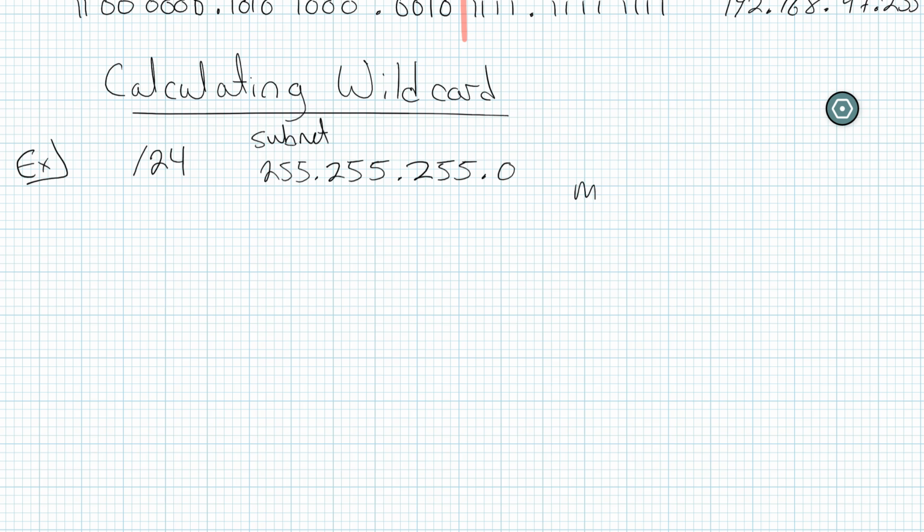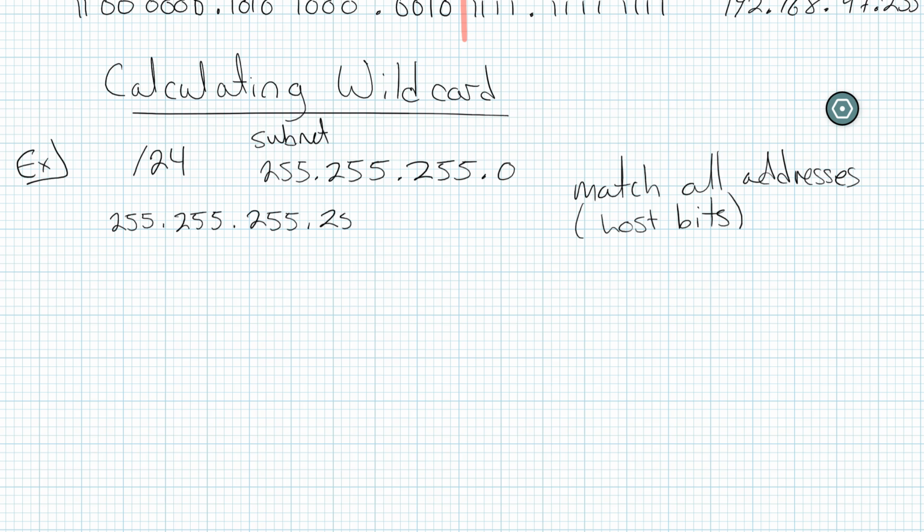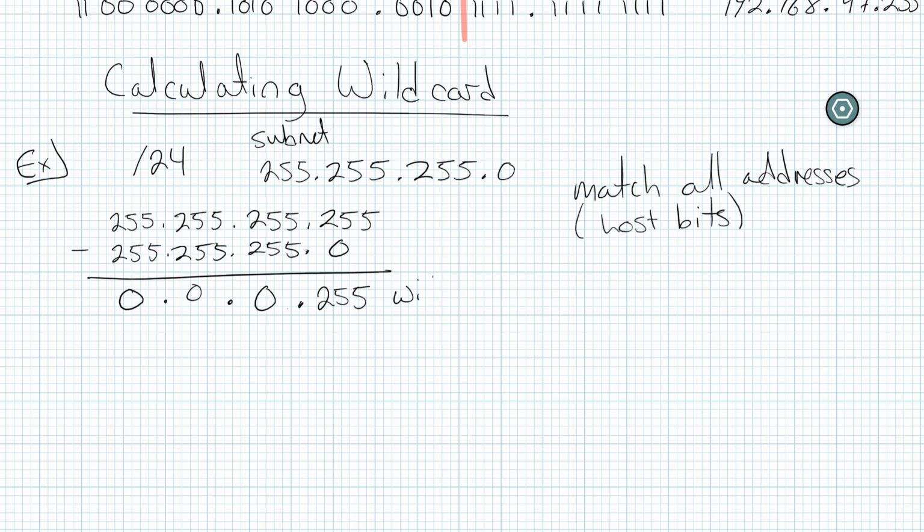So if we want to match all addresses, or more specifically, match host bits, we can say, okay, if we had 255.255.255.255, and we subtract our subnet mask of 255.255.255.0, we'll find that 255 minus 0 is 255. 255 minus 255 is 0. 255 minus 255 is 0. 255 minus 255 is 0. And we get our wildcard mask.